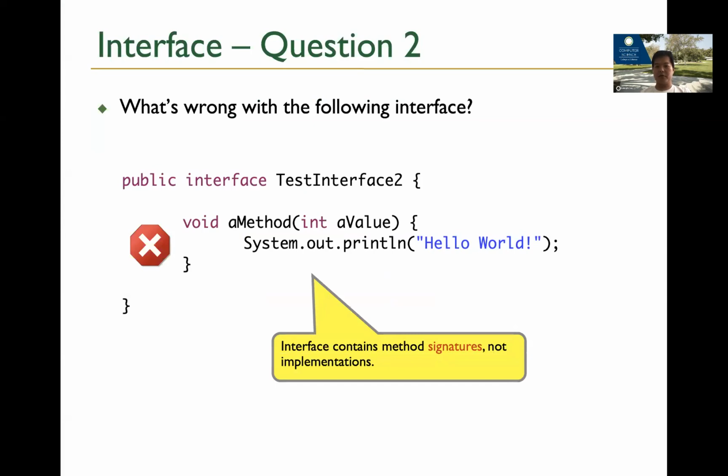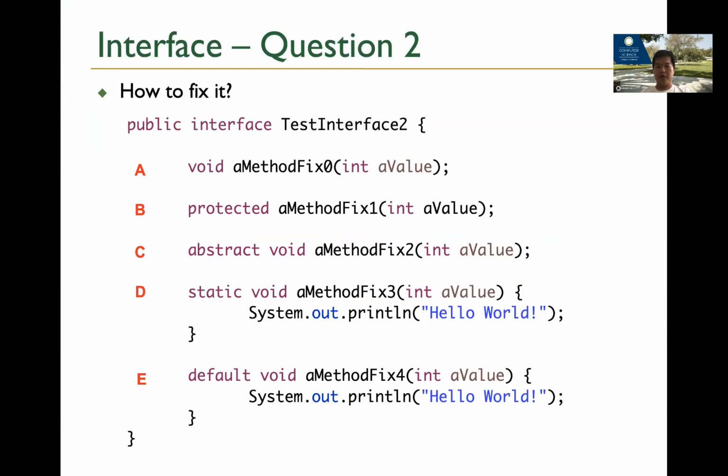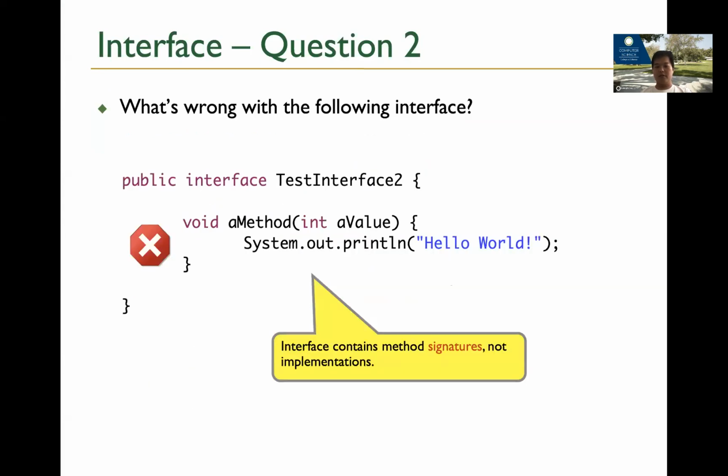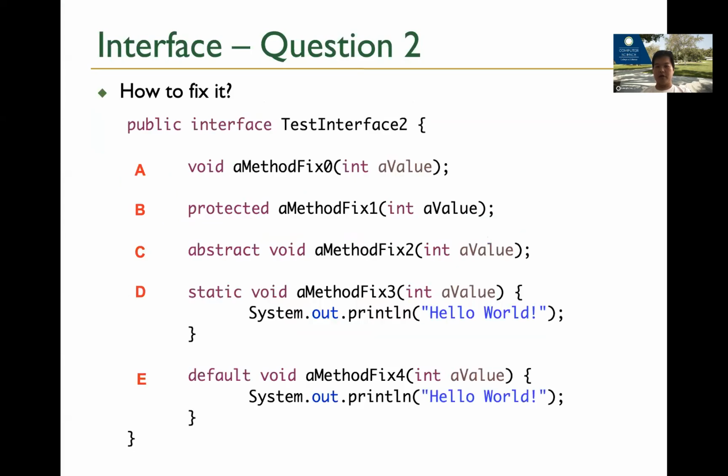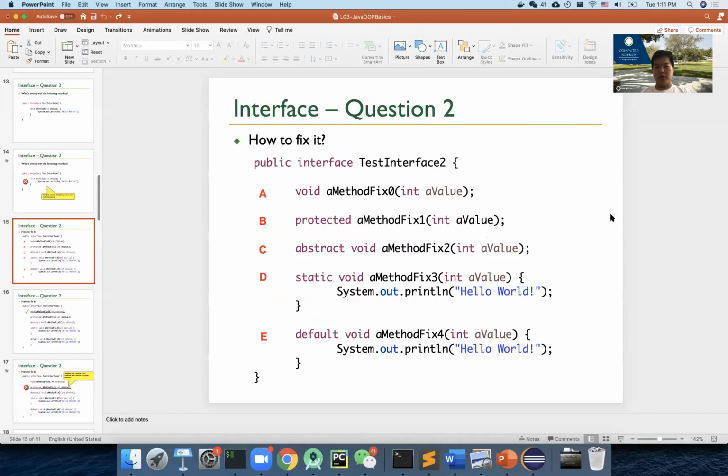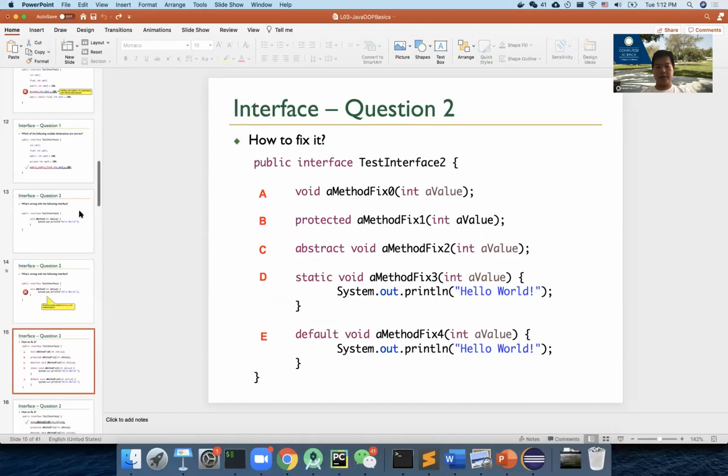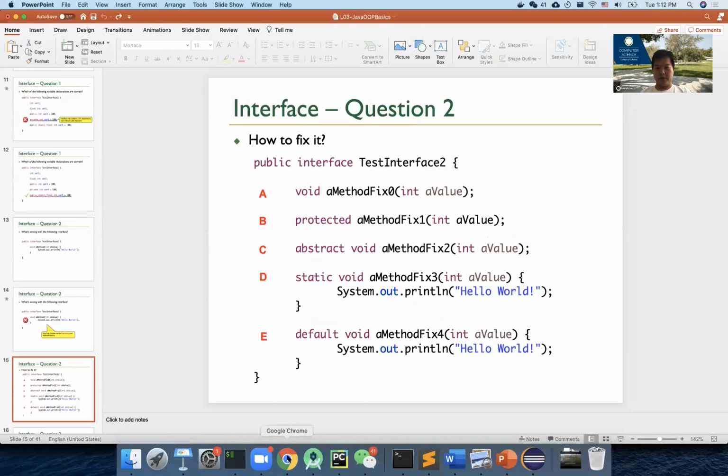So let's take a look at one more question, guys. With this one, the question is, how can I fix it? This is the wrong one, guys. I'm asking, which of the following would be correct? There are 5 options. So I am going to get you the Mentimeter thing again.